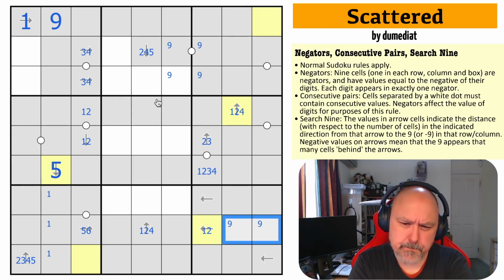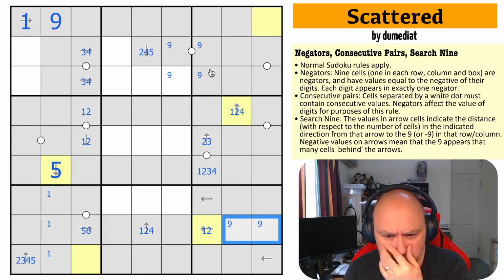So I don't know that the negators have any other effect on the grid. Oh, each digit appears in exactly one negator.